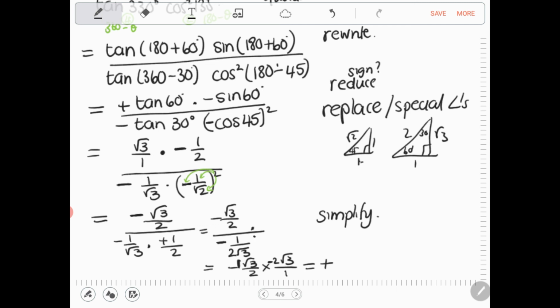There's a 1 in front there. One times 2 gives me a 2. Root 3 times root 3 gives me a 3. So you've got 2 times 3 at the top, and you've got 1 times 2 at the bottom. So that's going to give you 6 over 2, and the answer is going to be equal to 3.